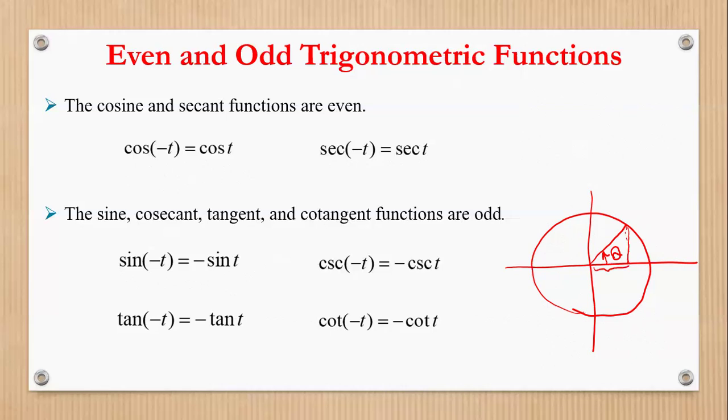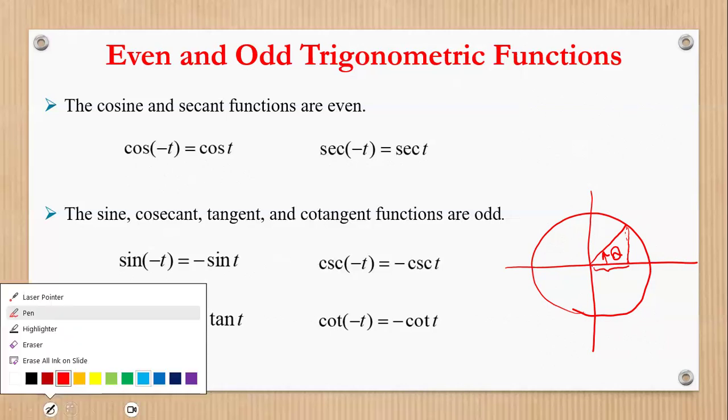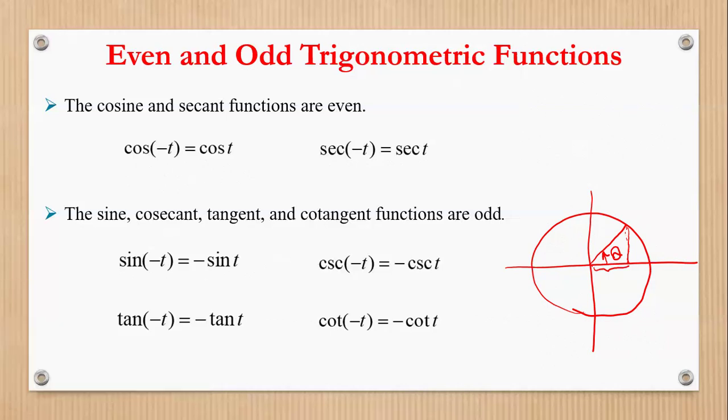And if you have the same angle in the negative direction, like this one, which is negative theta, and you want to find the cosine of this angle, again, you connect it to the x-axis, and this is the cosine of negative theta. And as you see, they are the same. The cosine of theta is exactly the same as the cosine of negative theta.